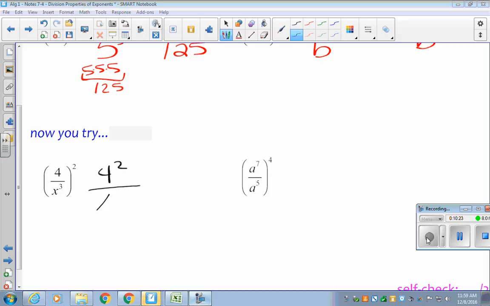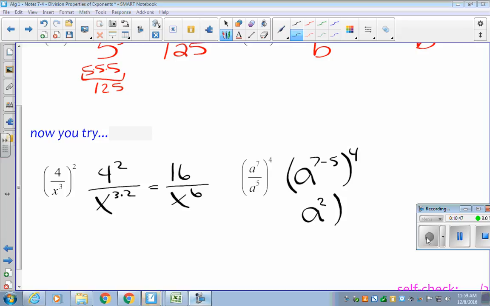Your answer to the first one should be 16 over x to the 6th. And for the second one, I'm going to go ahead and do the division inside first. The second one should be a to the 8.